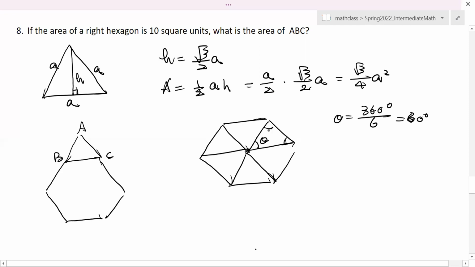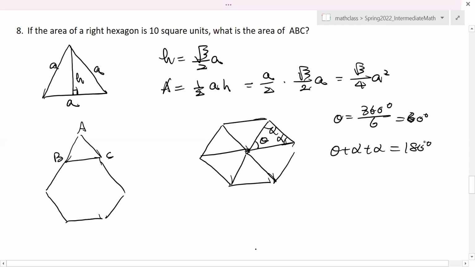And then those two angles must be the same. If these two angles we call alpha, then theta plus 2 alpha equals 180 degrees.